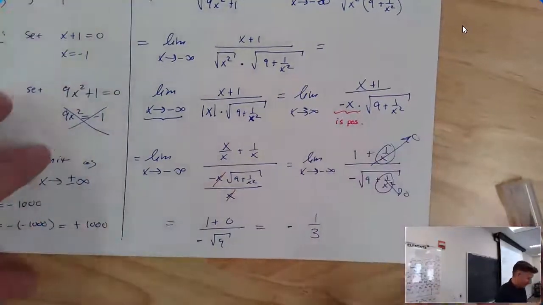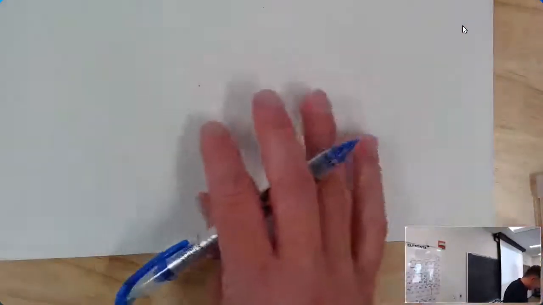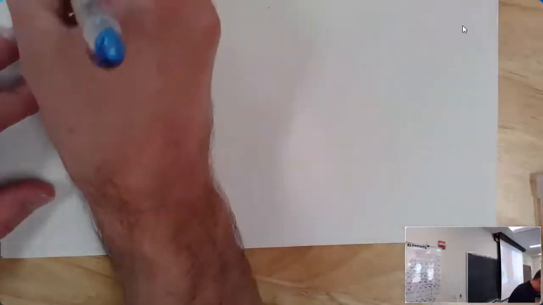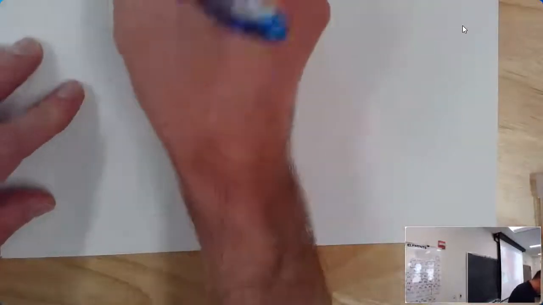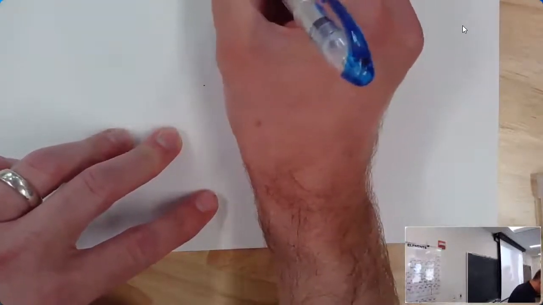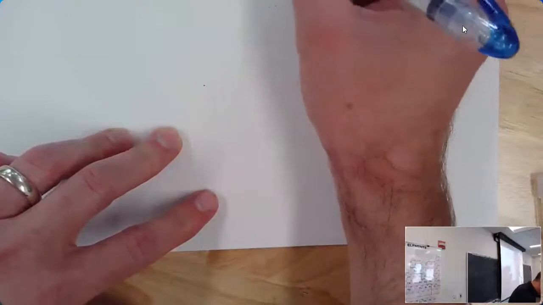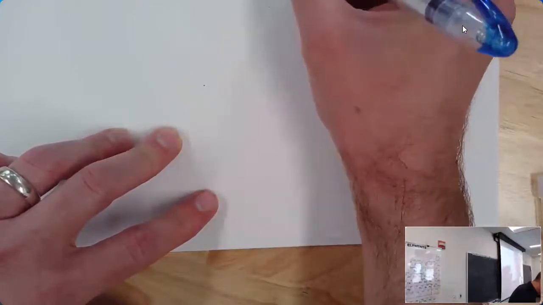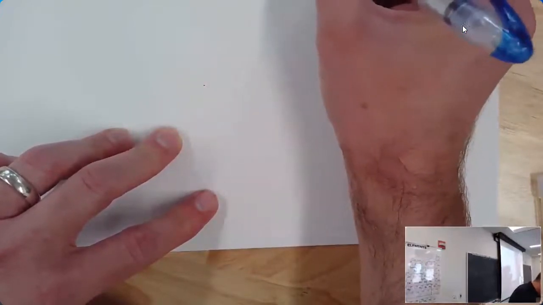So I should show the work. If we were going to take the limit as x goes to positive infinity of x plus 1 over the square root of 9x squared plus 1, I'm going to jump to where we have the absolute value. That's going to be the limit as x goes to positive infinity of x plus 1 over the absolute value of x times the square root of 9 plus 1 over x squared.